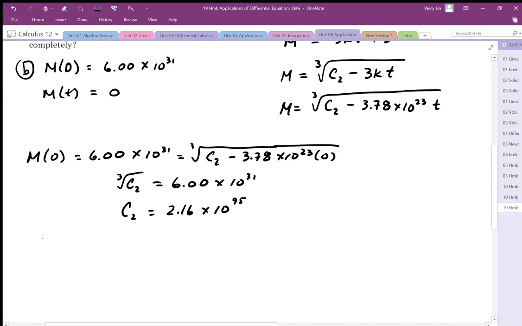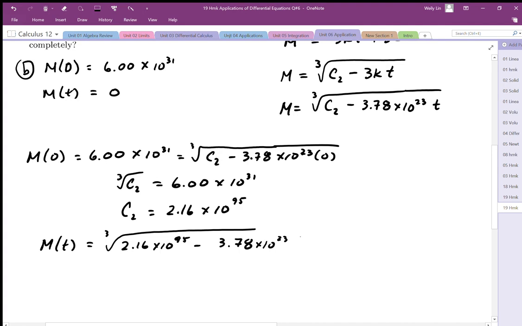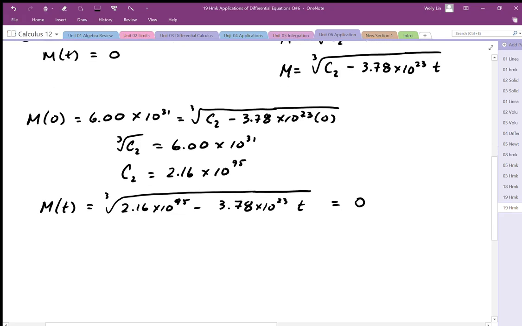So then writing my expression, m of t, my function, the mass as a function of time, is equal to the cube root of (2.16 times 10 to the 95 minus 3.78 times 10 to the 23 t). And we want to find the time when that mass is equal to 0. Well, that means the inside must be equal to 0, so I can solve the equation for the inside equal to 0.